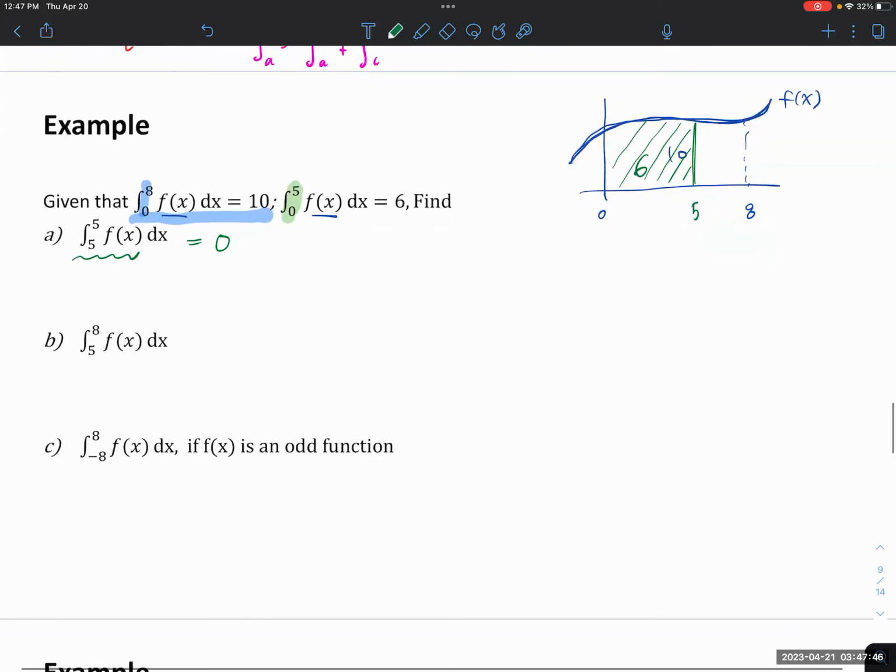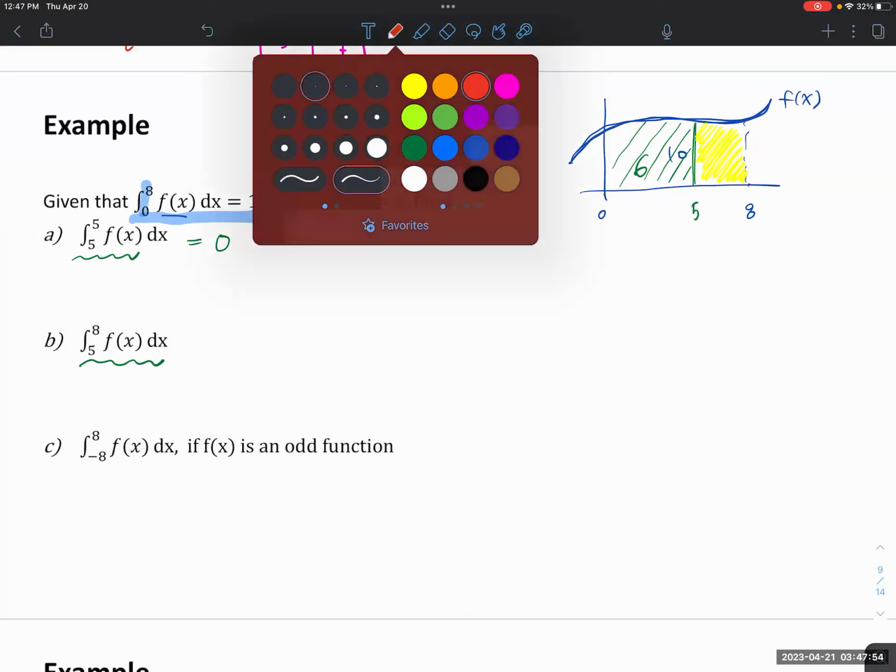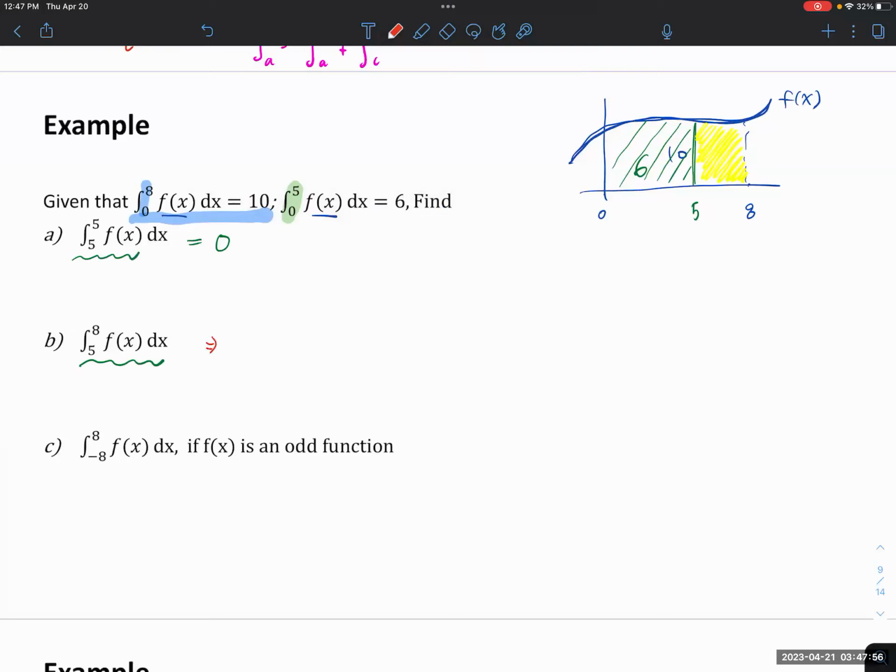All right, second question, they're looking for the area, which is this yellow part, from 5 to 8. So what do we know? First of all, we know from 0 to 8 with the same function is the same as 0 to 5 with the same function plus 5 to 8 with the same function, correct?